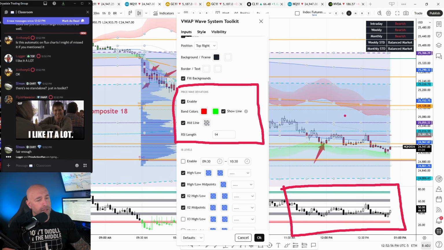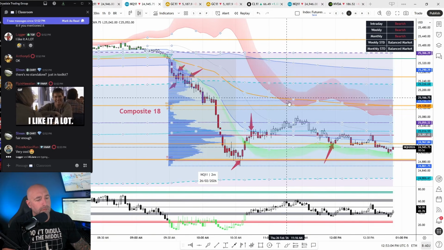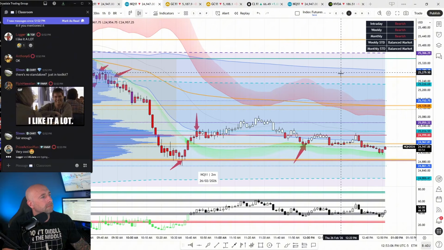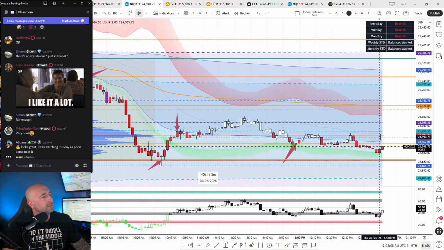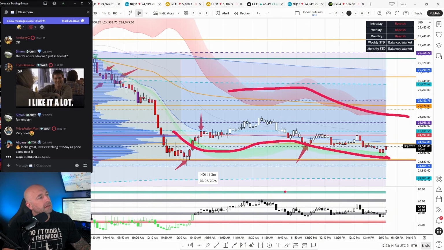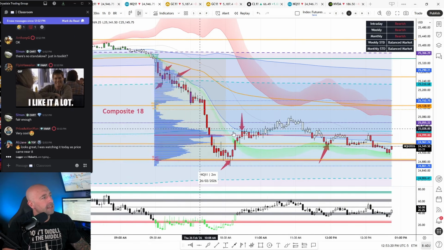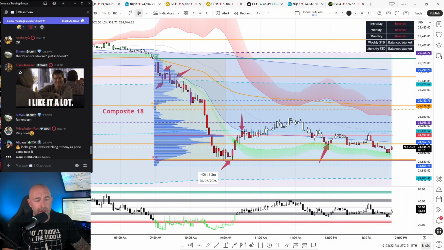But this is in the toolkit. So it just kind of allows us to get some confluence. How price is reacting, because as you know, when we're anchored and we have volatility and things move, it gives us another layer.